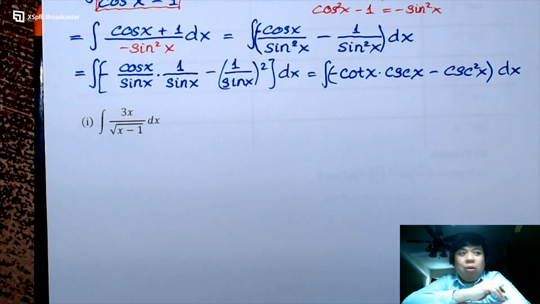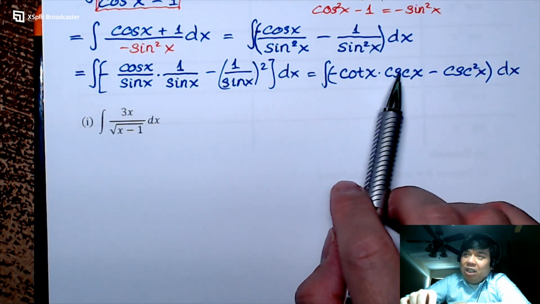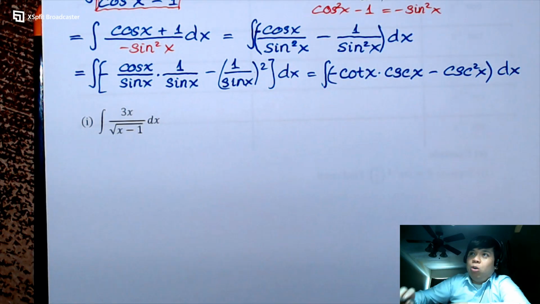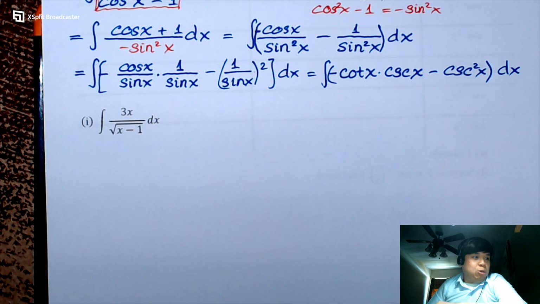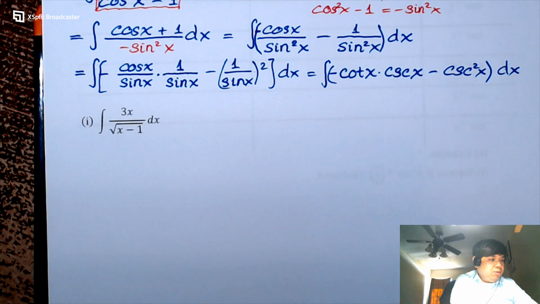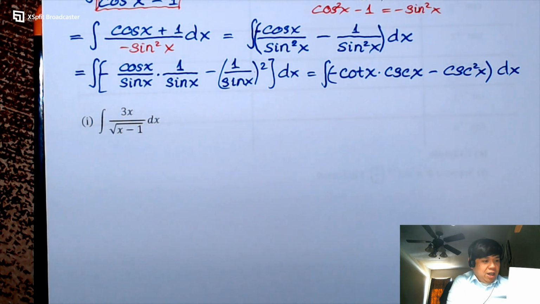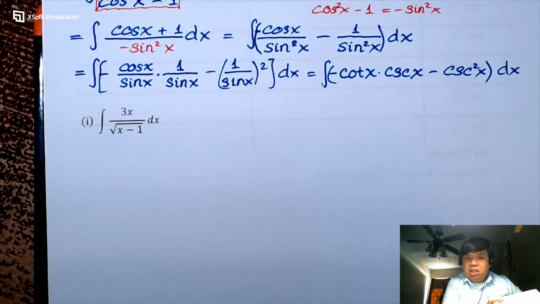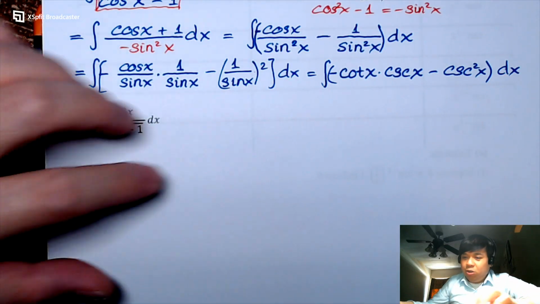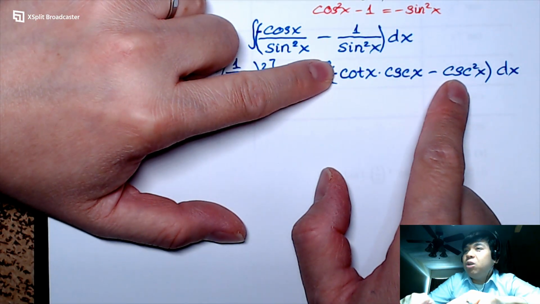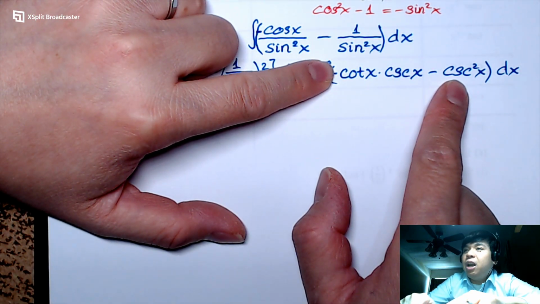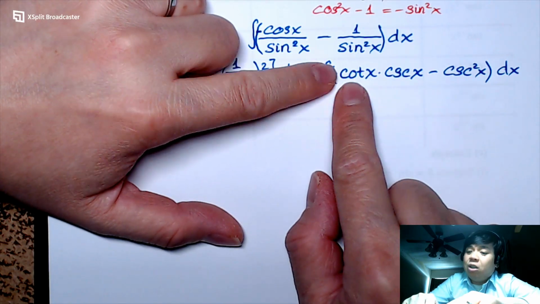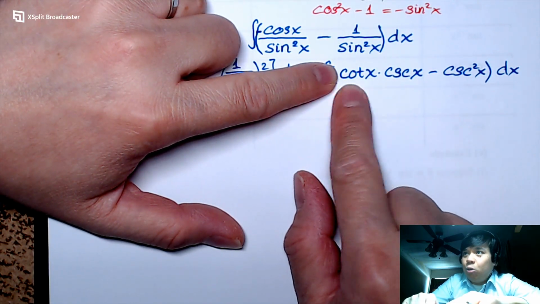And then finally, I'll ask you, what is the integral of cosecant cotangent, and what is the integral of cosecant squared? Well, if you go to the page where all the integrals are, the integral of cosecant squared is negative cotangent, and the integral of cosecant cotangent is negative cosecant.